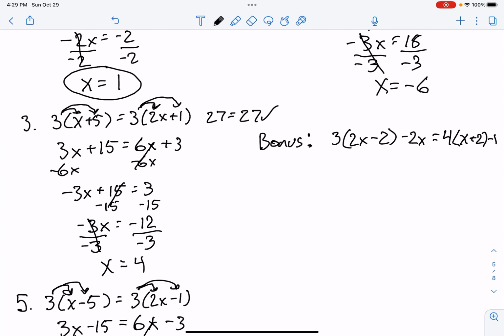So we are going to distribute once again. 3 times 2x will give us 6x. And 3 times negative 2 is minus 6, and then we've got minus 2x left over here. Equals 4 times x is 4x. 4 times 2 is plus 8, and minus 1.